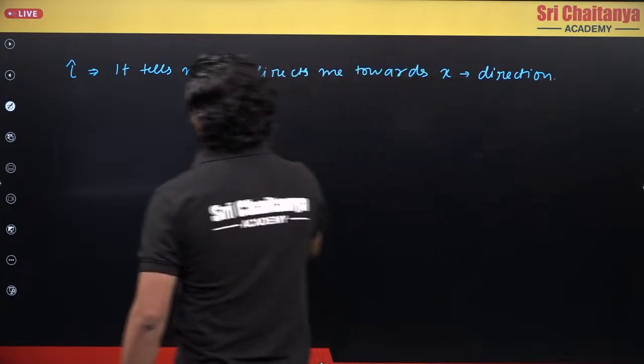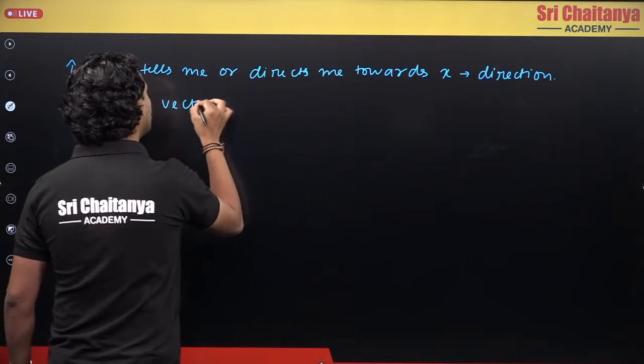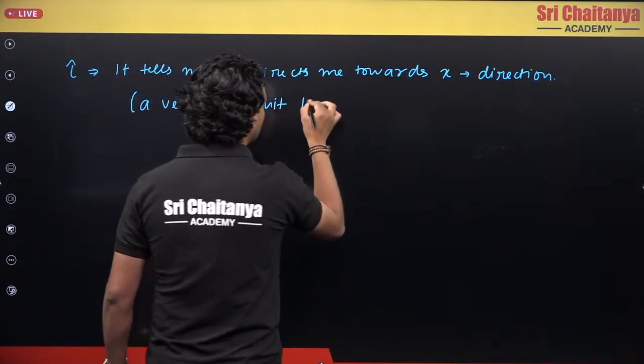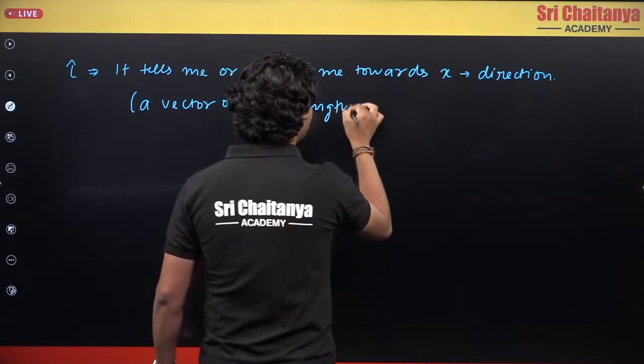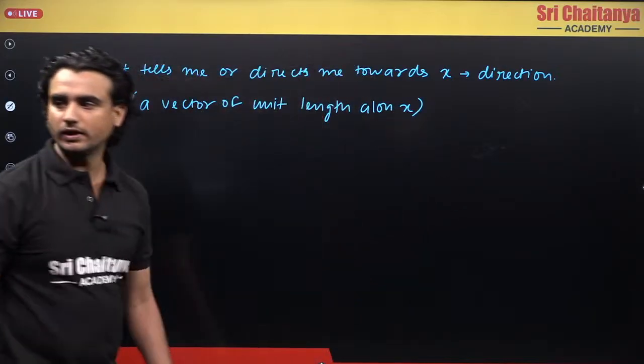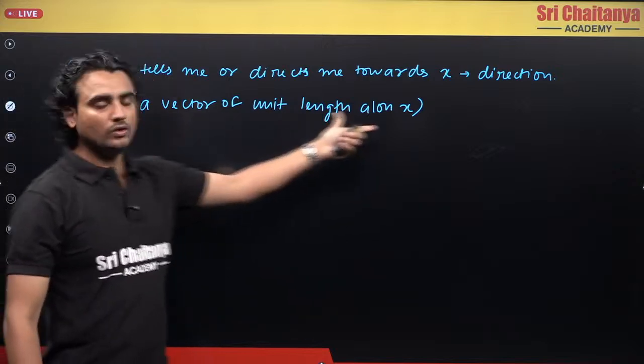Or basically I can say it is a vector of unit length along x, correct?